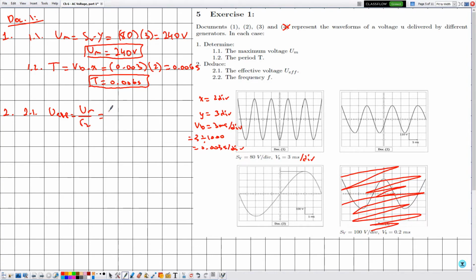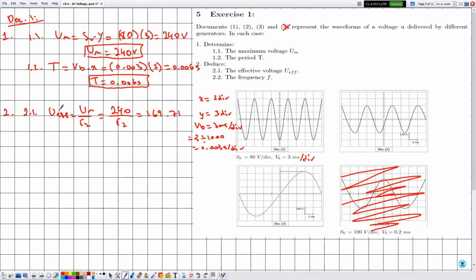In this case the value of UM is given by 240. And the square root of 2 is the square root of 2. Now plugging this fraction on the calculator, then the value of the effective voltage is given by 169.71.